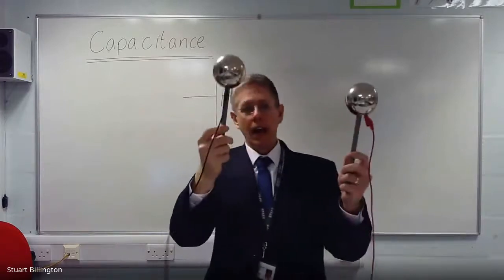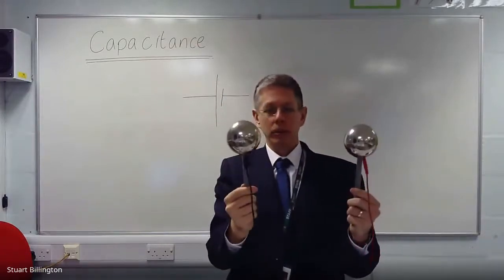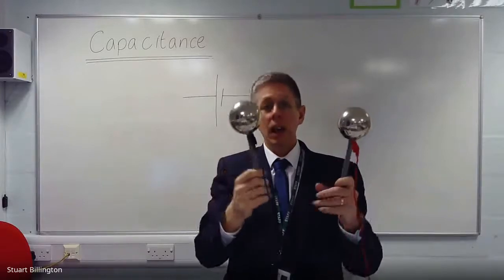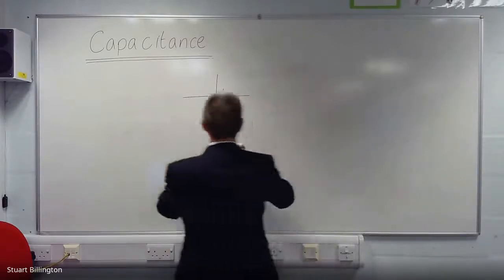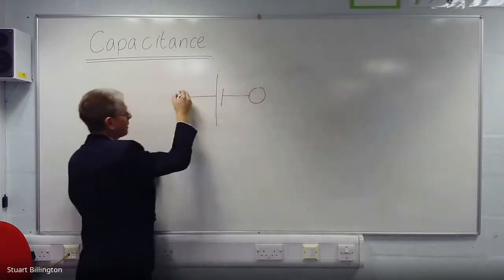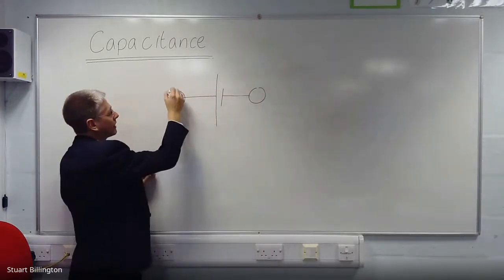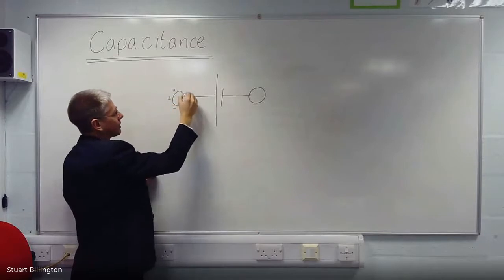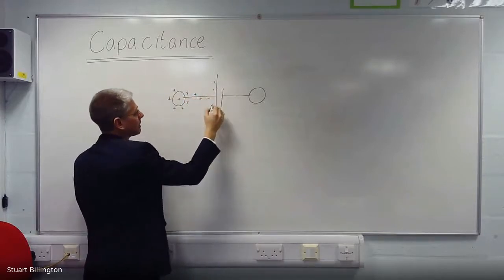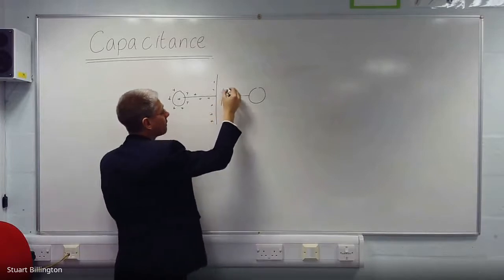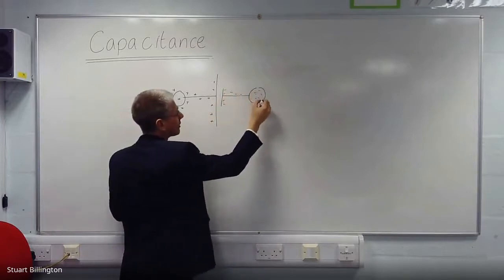Now, when I attach these big silvery balls onto the end of the wires, that just gets extended. So I end up with this on here and this on here, and this will be missing its electrons, just like all the rest of this side. And this will have all of the extra electrons.